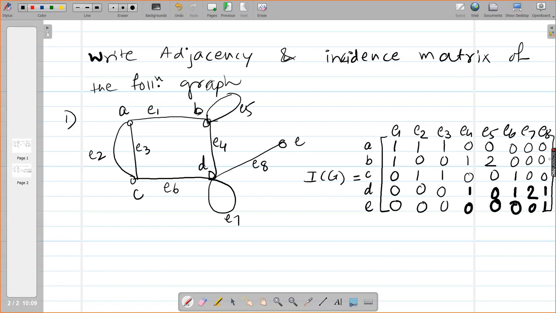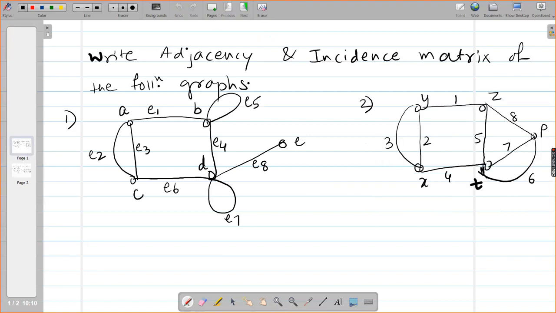No doubt? No, ma'am. Yes. So second problem is your homework. Write adjacency and incidence matrix.